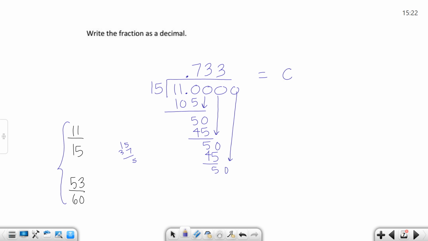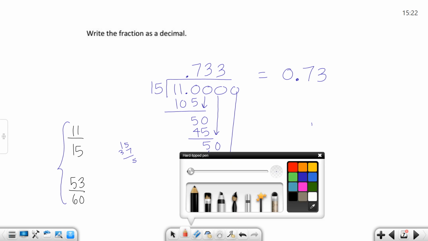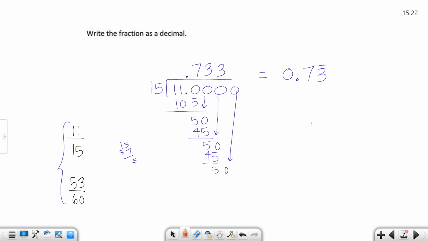When you get ready to write it, you have your 0 out in front, and you have 7 3, and the only part that repeats is the 3. Now don't write it like this, because the 7's not repeating. You only put the little bar over the term that repeats. So only the 3 repeats, and that's how that one would look.